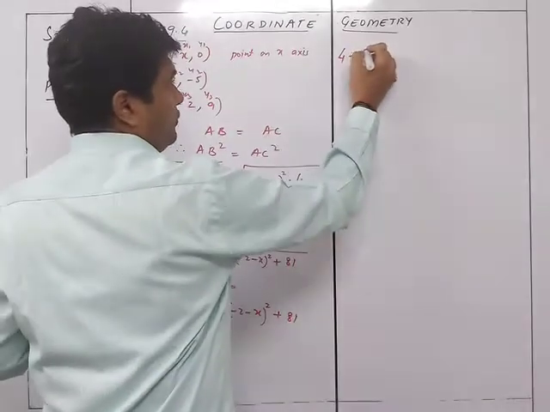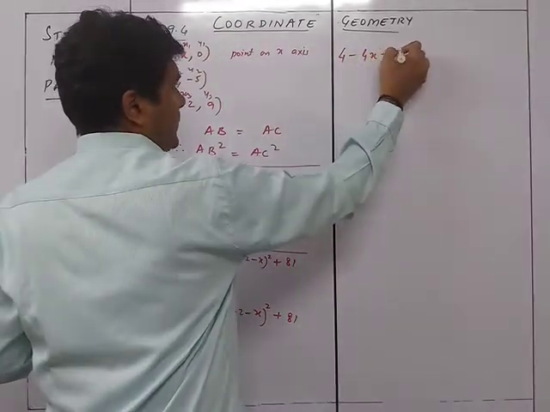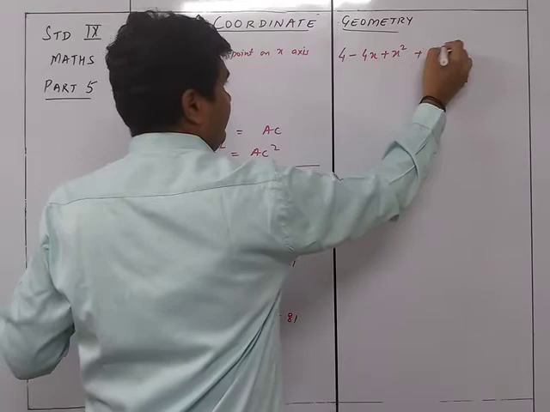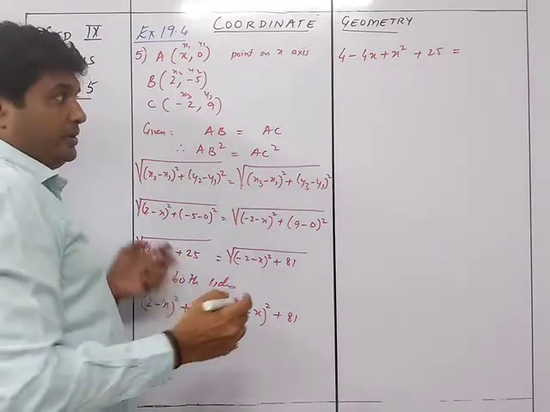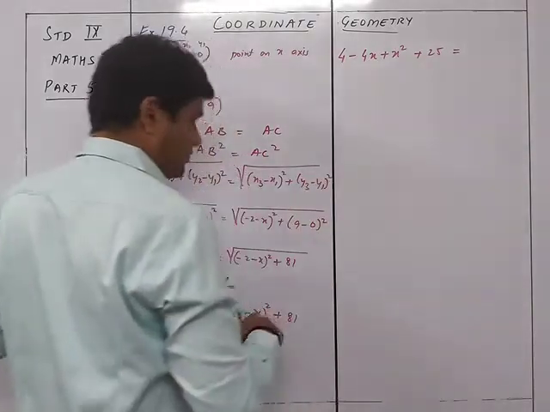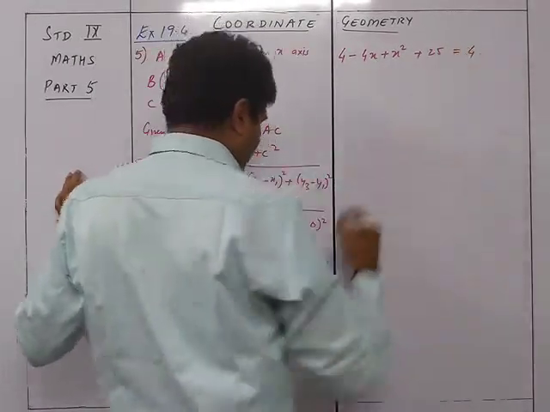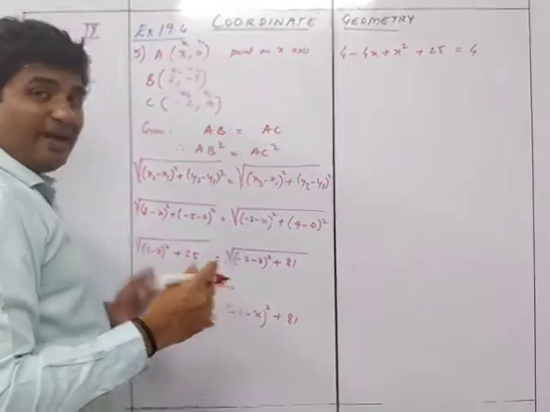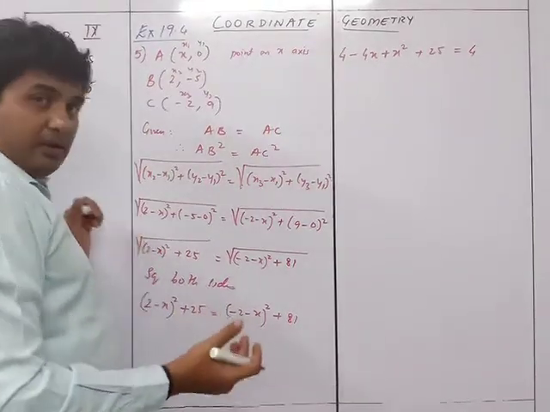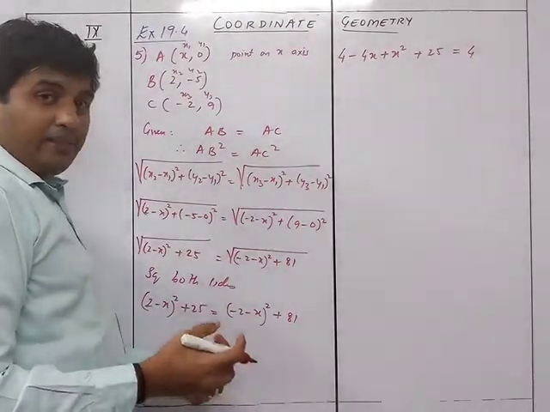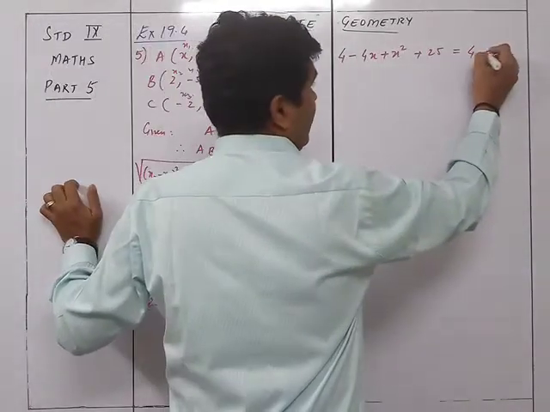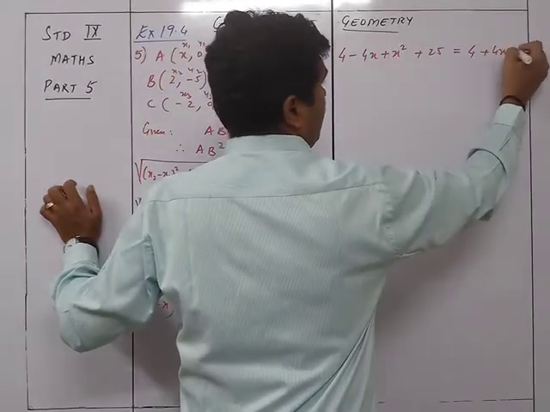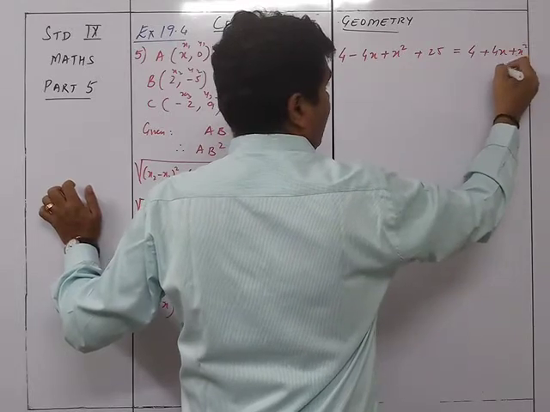So minus 4x plus x square plus 25 is equals to now a square plus 2ab plus b square. So a square is 4, so it will be 4 plus 4x, plus x square plus 81.